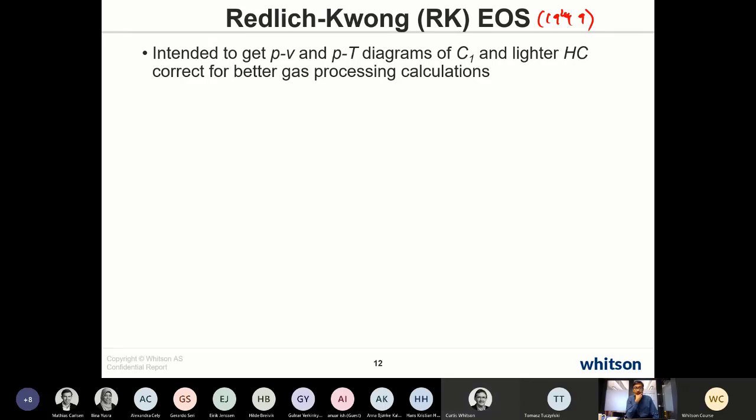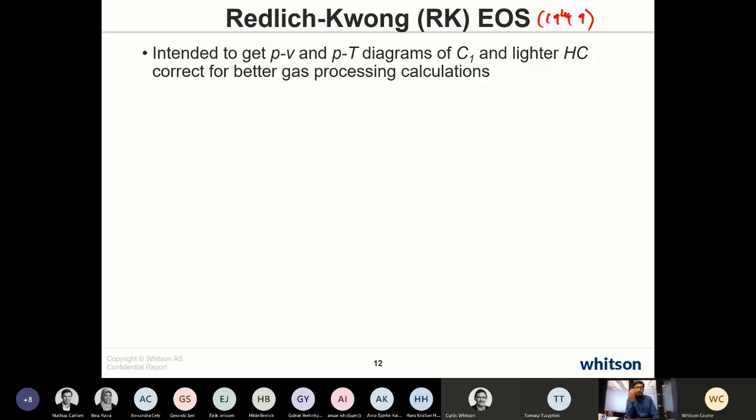Yeah, and the main thing that Redlich-Kwong and their group were interested in was that they wanted to use the cubic equation of state model to get better phase behavior of the lighter components, because they were working on gas processing calculations, and they were interested in calculating accurate liquid yields at surface.